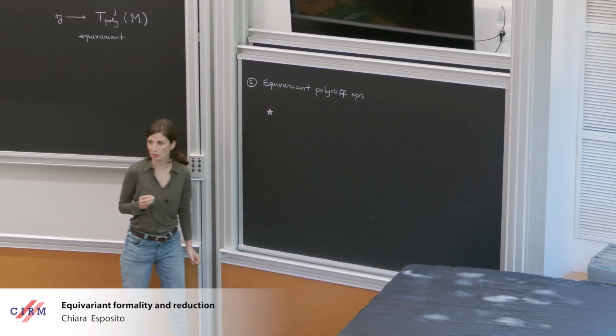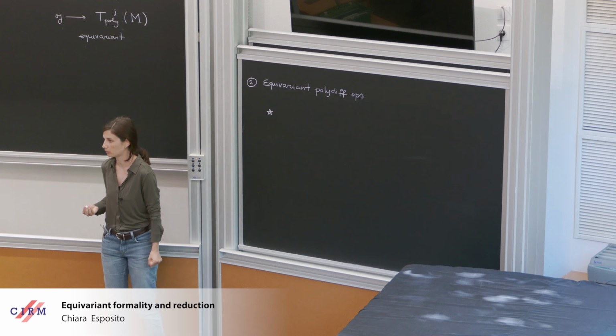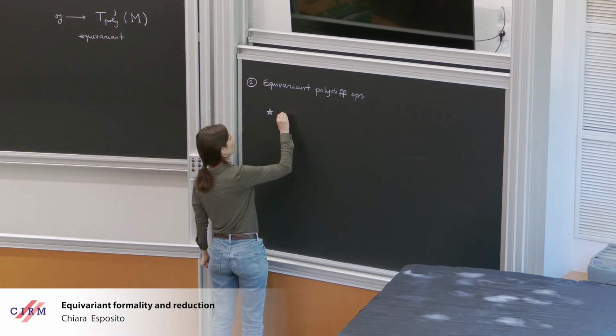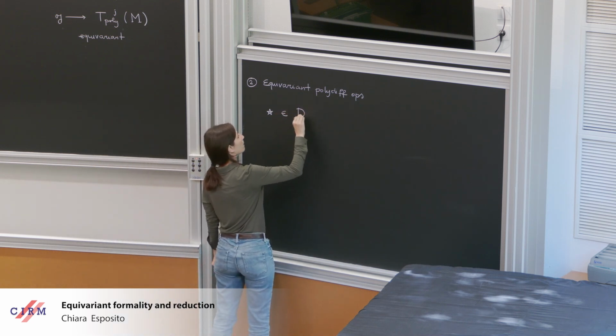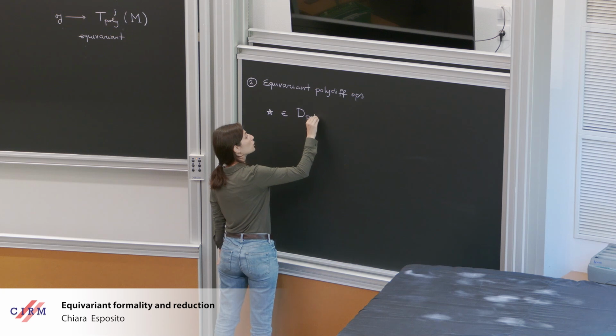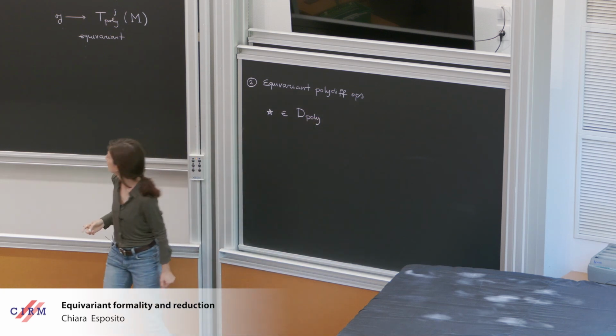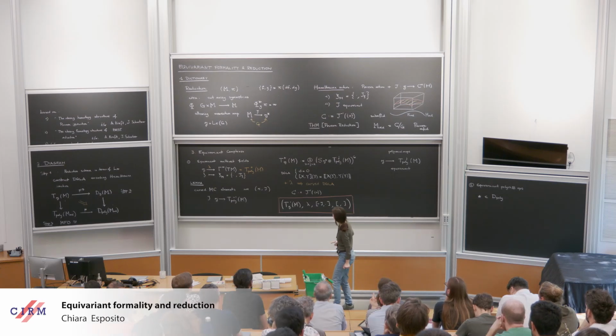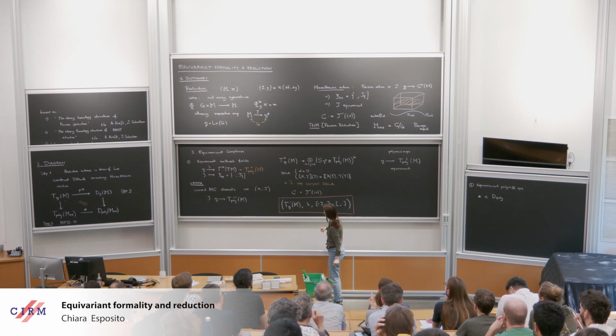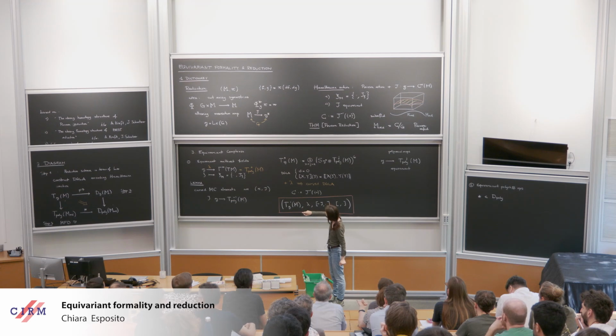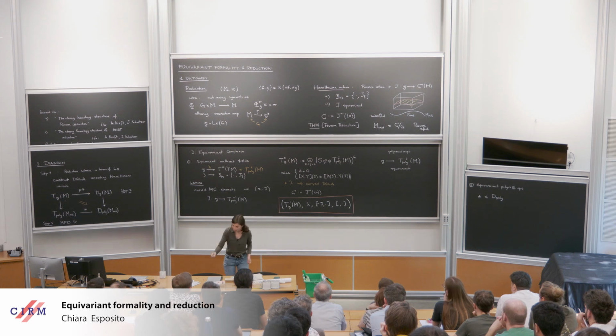So take a star product, which is G invariant. Sorry, I'm a bit confused about this G minus 1. I mean, it should go in the wrong direction. Is it G? You're right, because, you remember I told you there was an abuse of notation at the beginning.